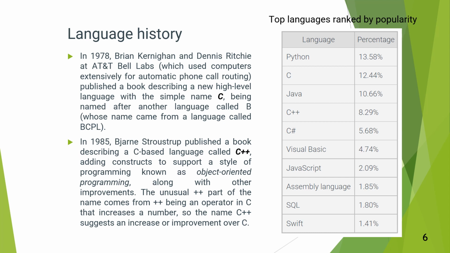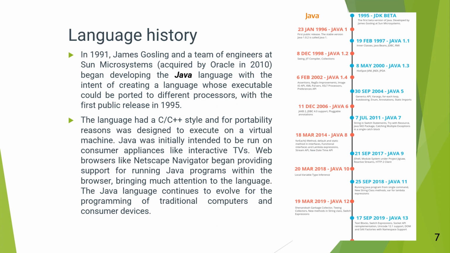Now the languages which we use are sophisticated. First, in 1978, C was developed at AT&T Labs, and C is a functional and procedural language, which is one of the high-level languages. Then later on, C++ came into the picture, and after C++, Java, which is an object-oriented language, came into the picture.